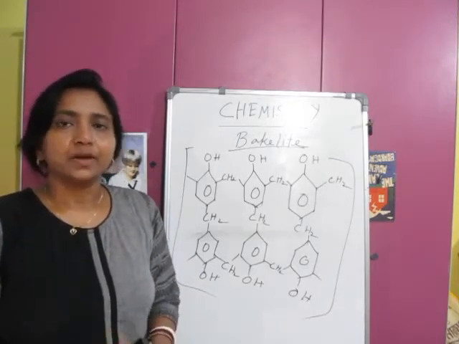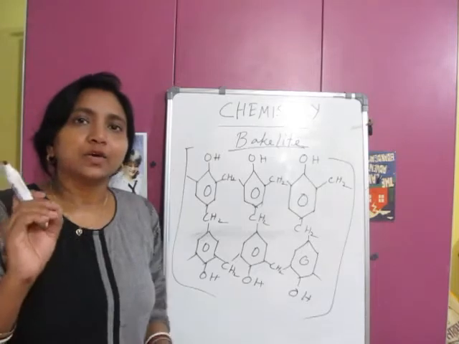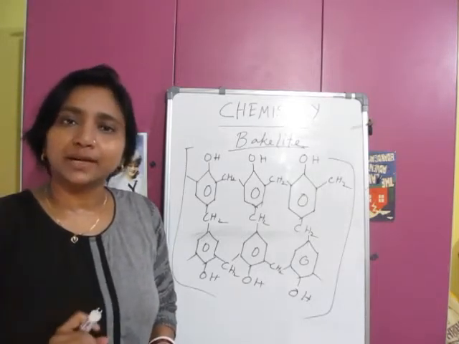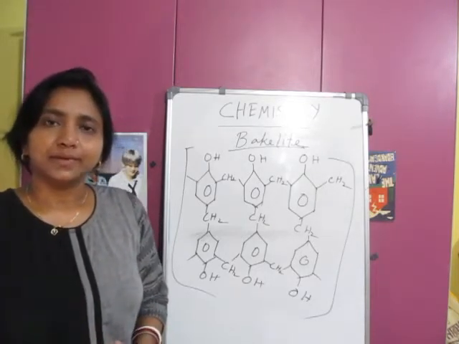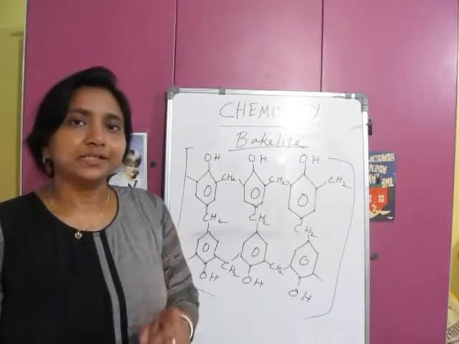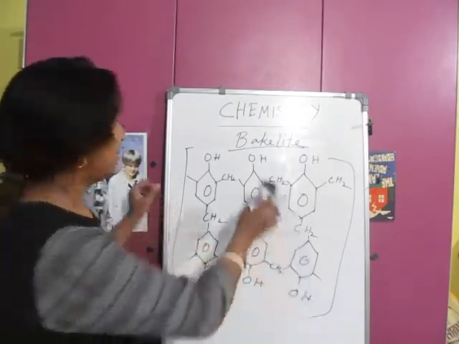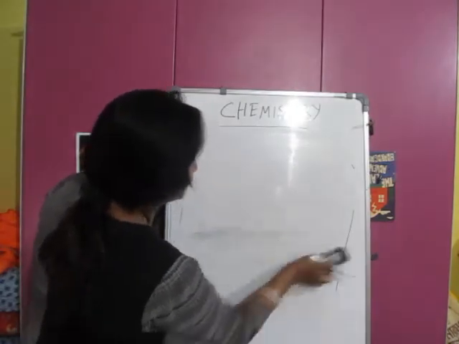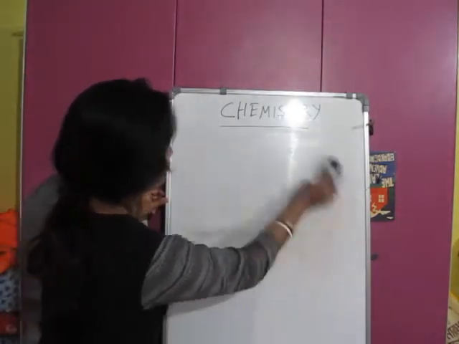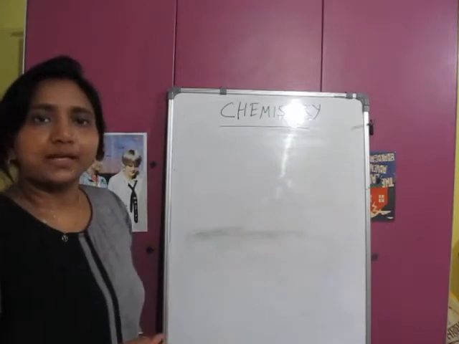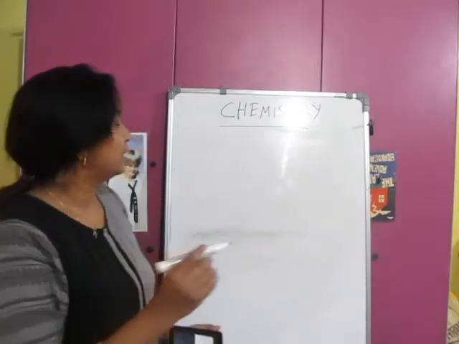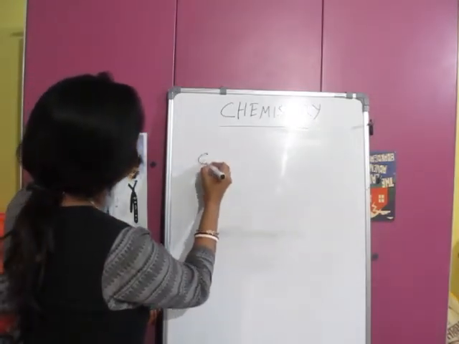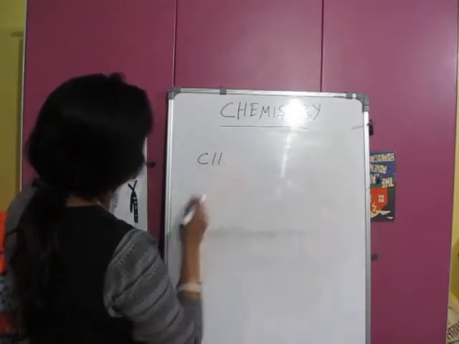Now, can you tell me what the monomer of natural rubber is? Yes, that is 2-methyl-1,3-butadiene. I am writing it here.